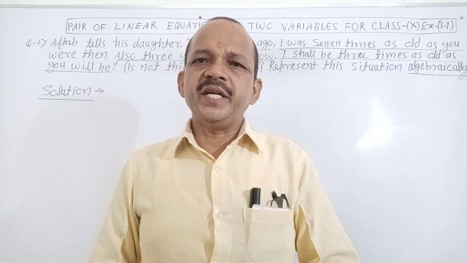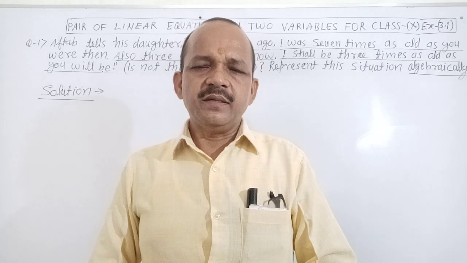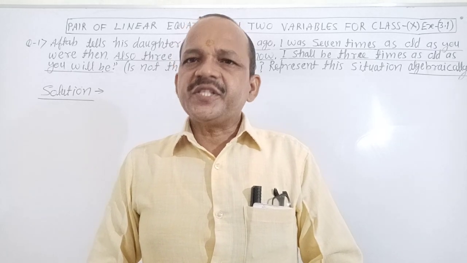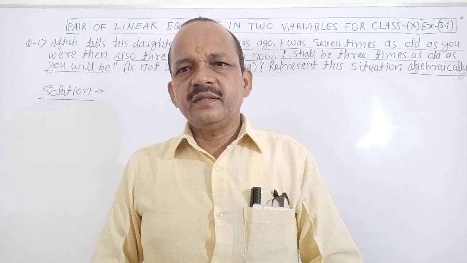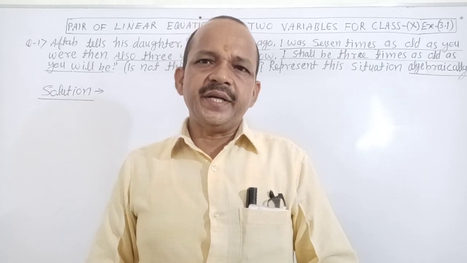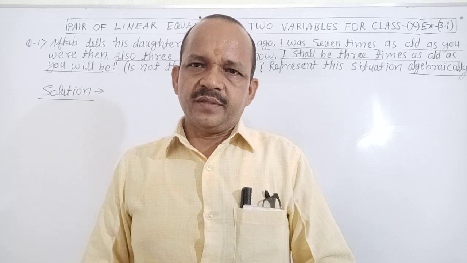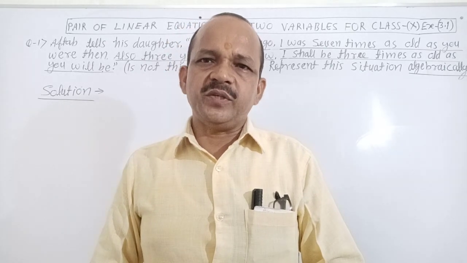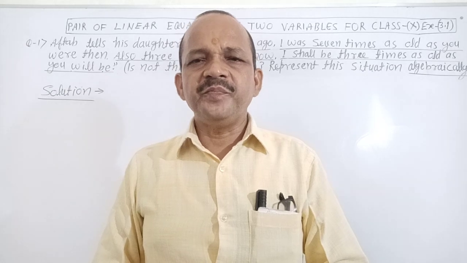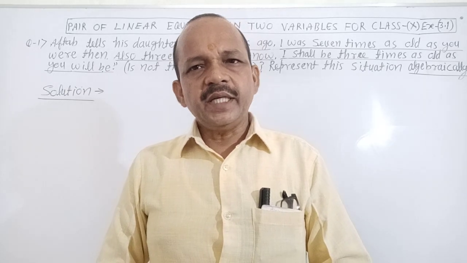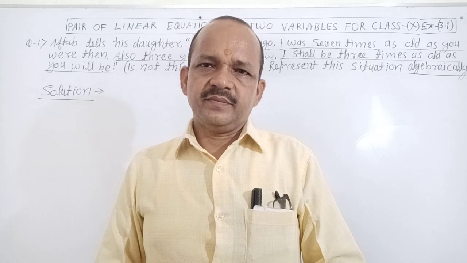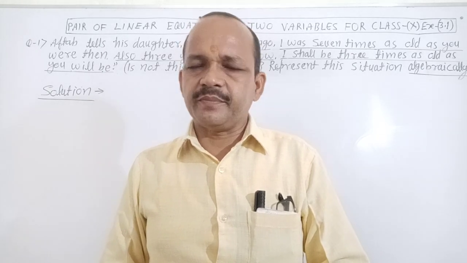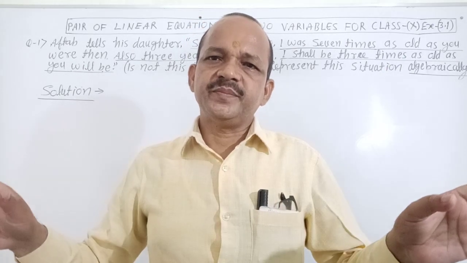If a1 by a2 not equal to b1 by b2, then it shows intersecting lines, consistent system and unique solution. If a1 by a2 equal to b1 by b2 not equal to c1 by c2, then it shows parallel lines, inconsistent system and no solution.